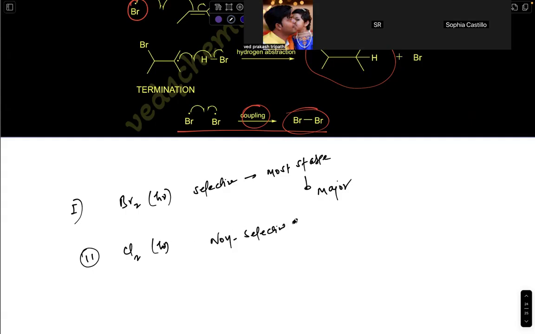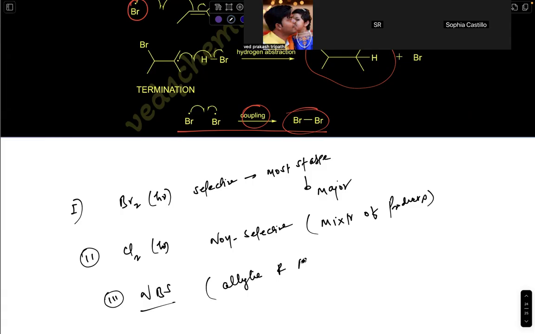Non-selective means a mixture of products. And the last one is NBS. NBS gives you allylic and benzylic bromination. Make sense?